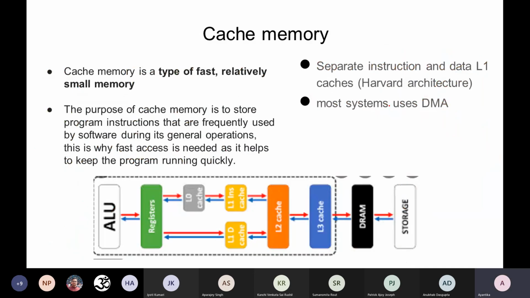Next, we talk about the cache memory. What do we mean by cache? It is a smaller storage. So far we have just been talking about memory, and we know that whenever we are processing something in the ALU, we are fetching data from somewhere.